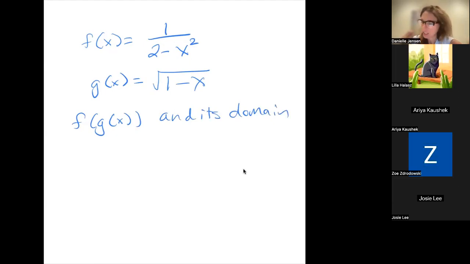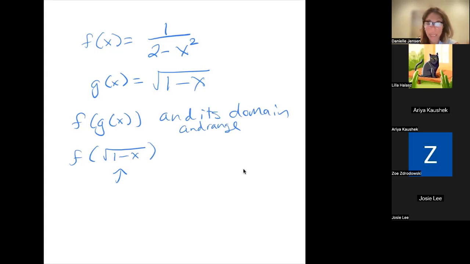Okay, so let's do this. Every single time when I'm finding, especially if I know I have to find the domain and range, I always start by substituting in what that inner function is. And at this stage, no matter what the function is, I make note of the domain of that inner function, because in this case it's definitely not all reals.